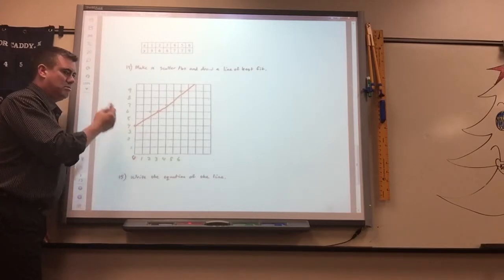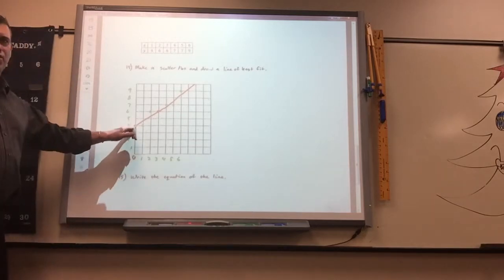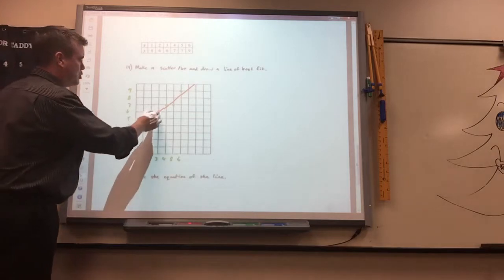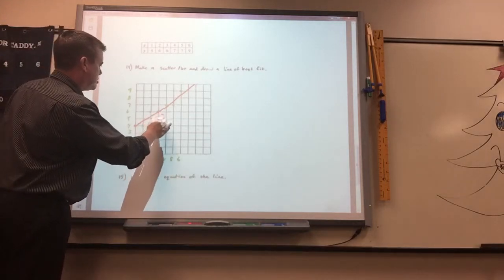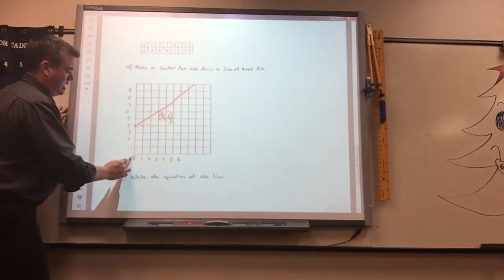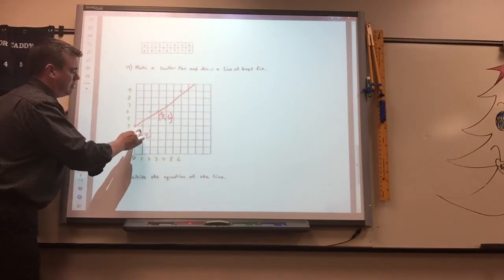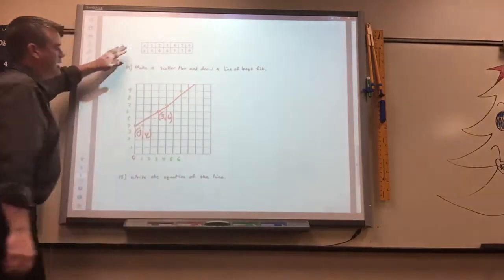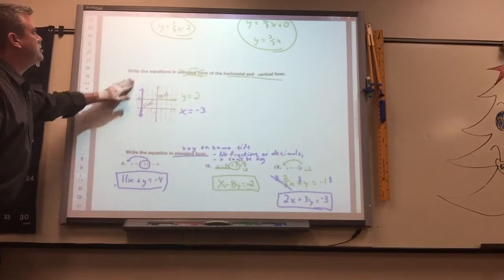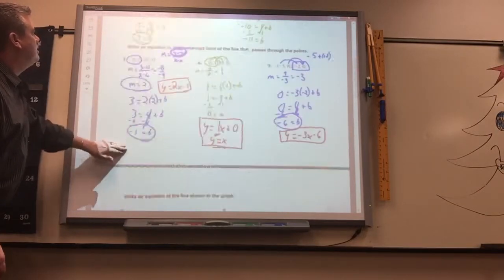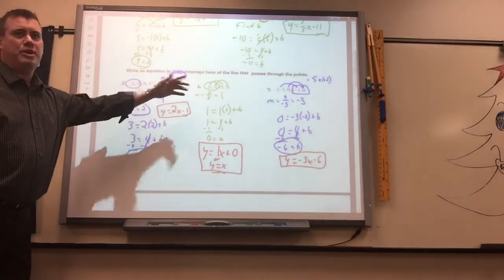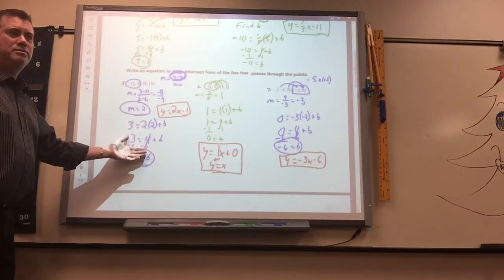But again, if you don't have it cross at a certain point, remember you choose your 2 points. This is 3, 6, and this is 0, 4. Then all you gotta do is find the equation just like you did back on these problems, where you have 2 points and you write the equation.